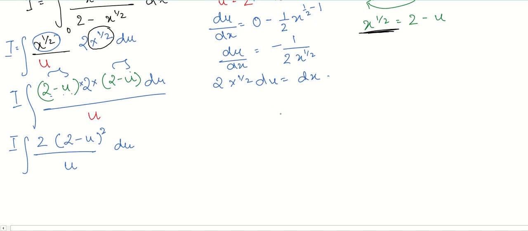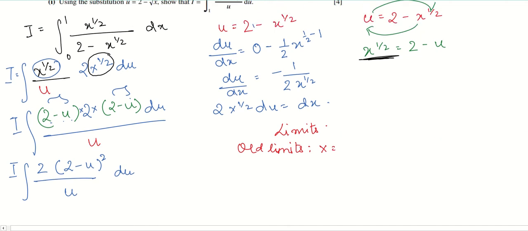So let's write limits. All limits were x equals 1 and 0.